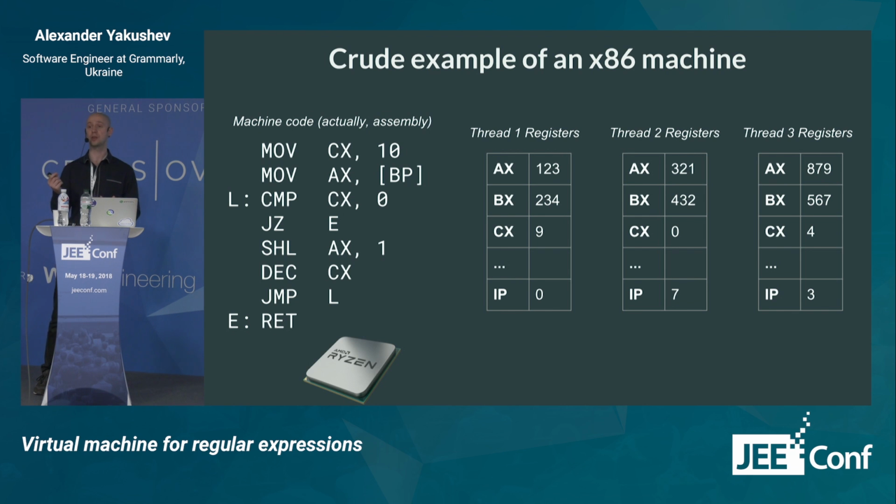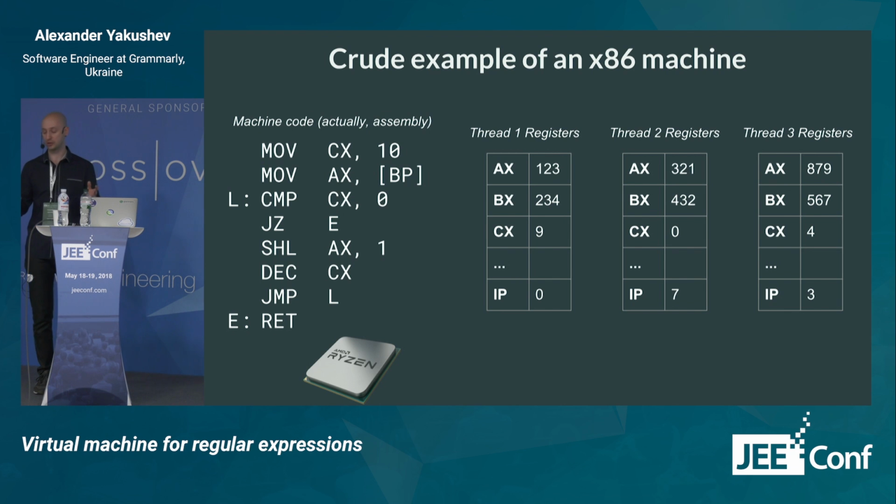So there is not just one thread, there are multiple threads running on any physical machine. And each of those threads has its own register bank where they save some immediate data, and also their own instruction pointers. So you can imagine this program, there can be multiple threads running different parts of this program at the same time. So that was a physical machine.